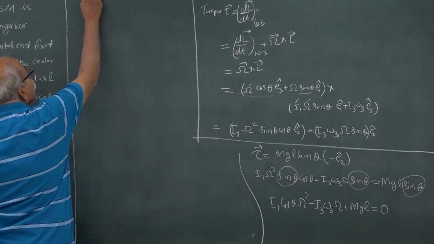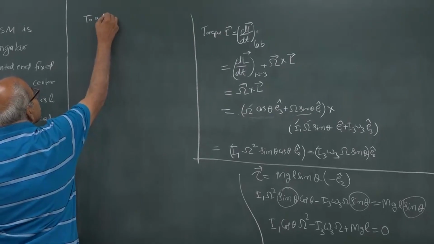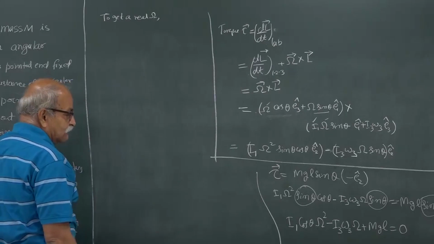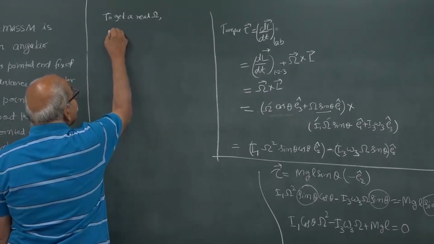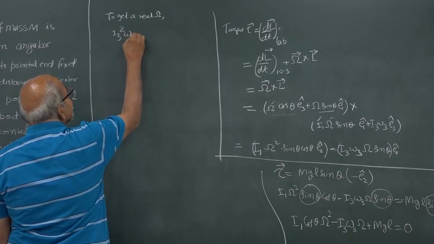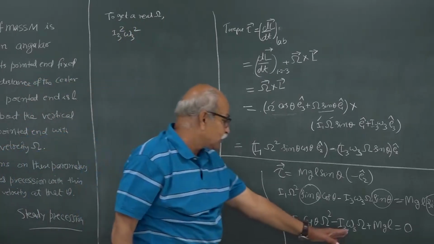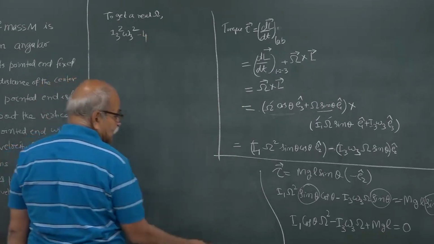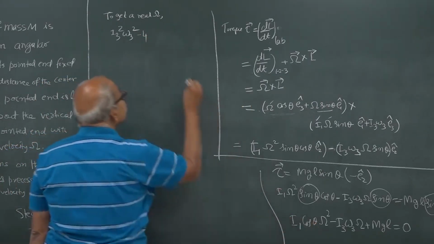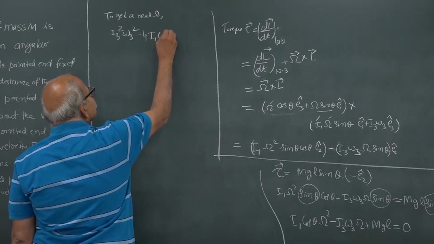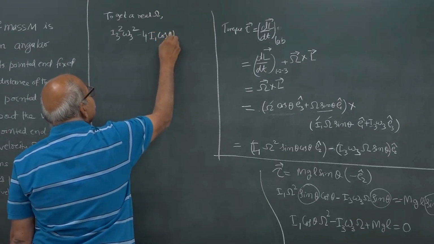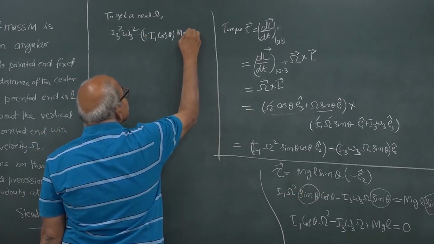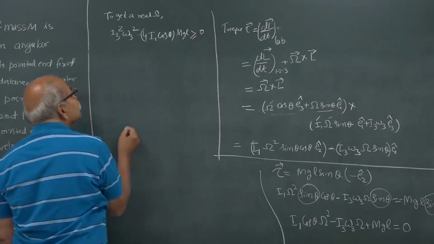So, to get a real capital Omega, I should have I3 square omega 3 square, that is b square, minus 4AC. So, minus 4 times I1 cos theta multiplied by mgL. This should be greater than or equal to 0.